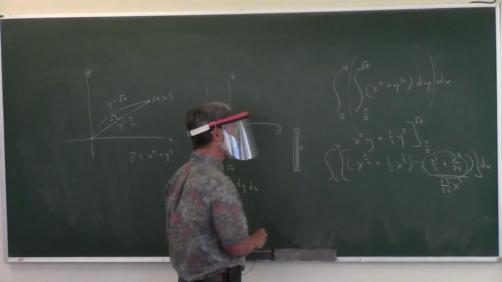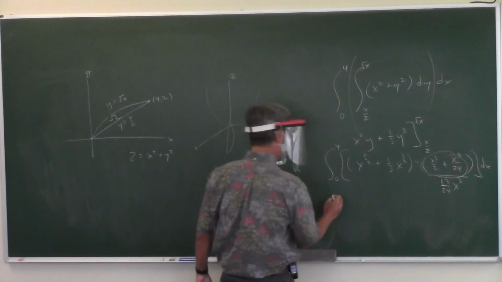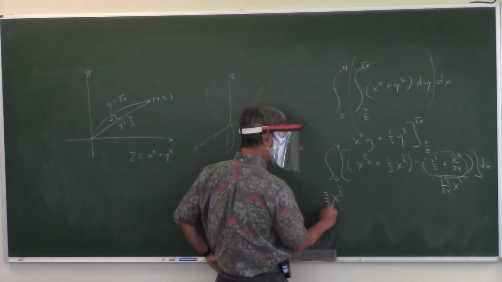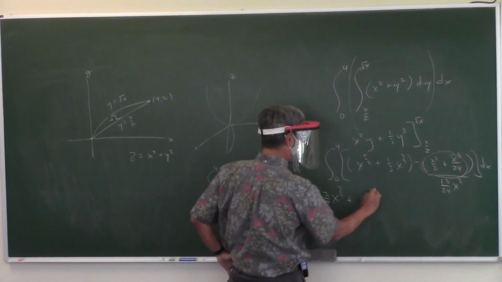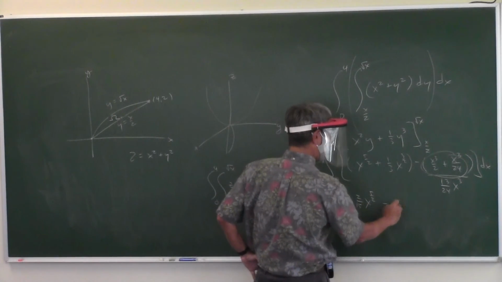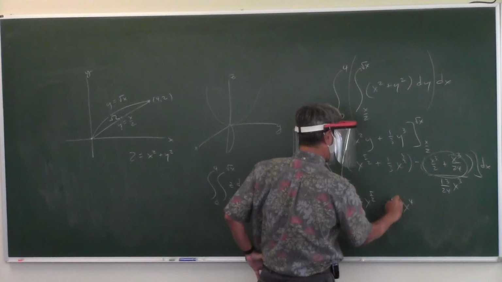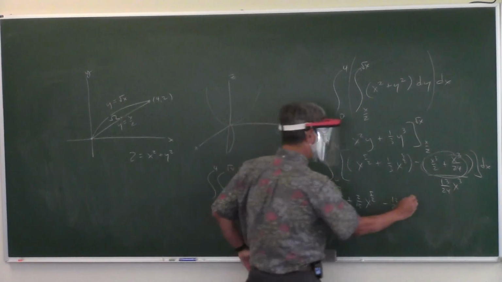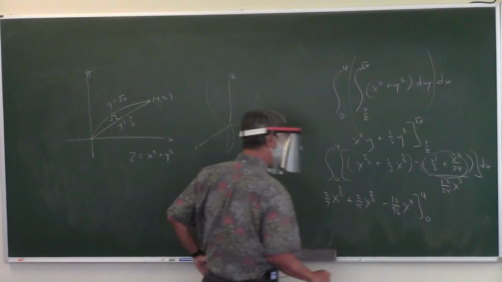To compute this integral, take the antiderivative: x to the 7/2, 2 sevenths, plus x to the 5/2, 2 15ths, minus x to the 4, 13 over 96, from 0 to 4.